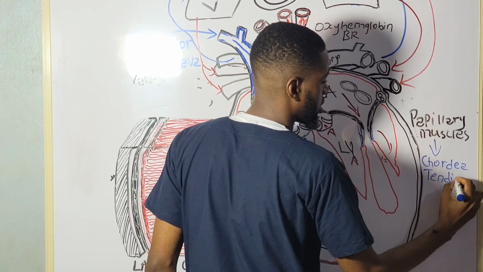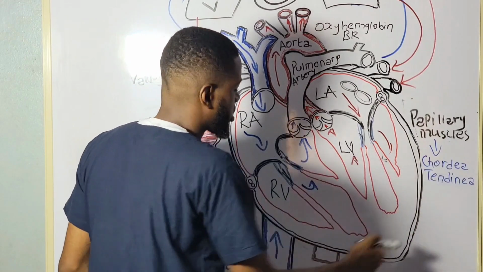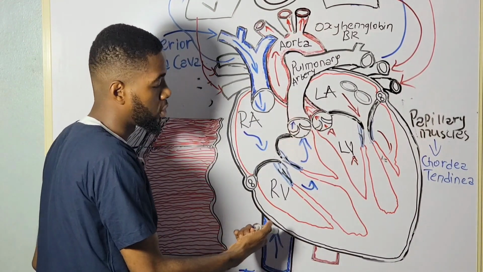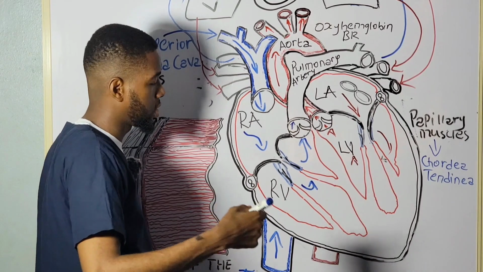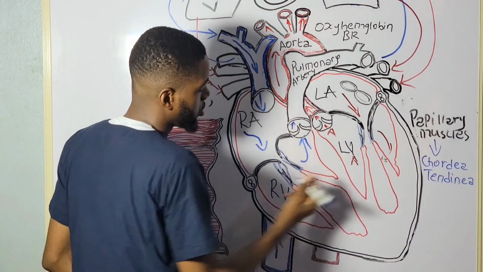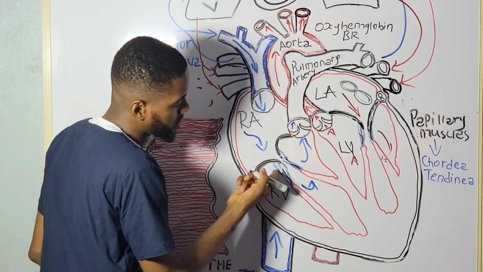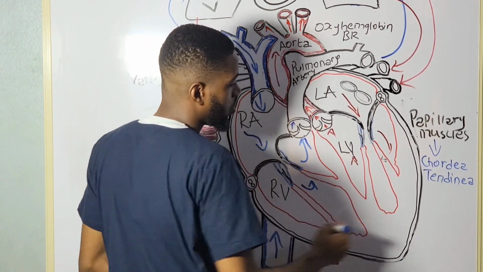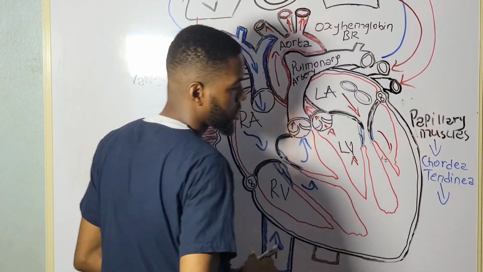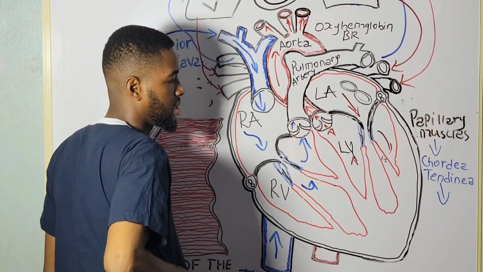Chordae tendineae. So the papillary muscles, which are attached to the myocardium at the bottom of the ventricles inside the endocardium, will be attached to the tendinous cords, the chordae tendineae. And this chordae tendineae will then be attached to our valves.